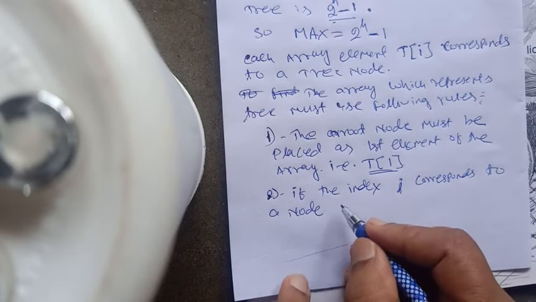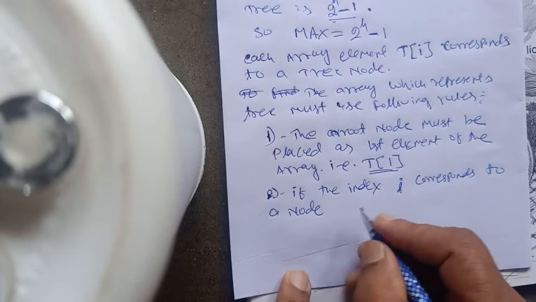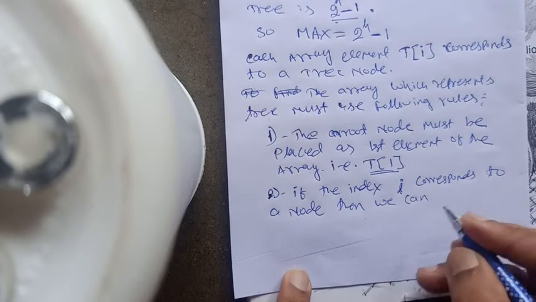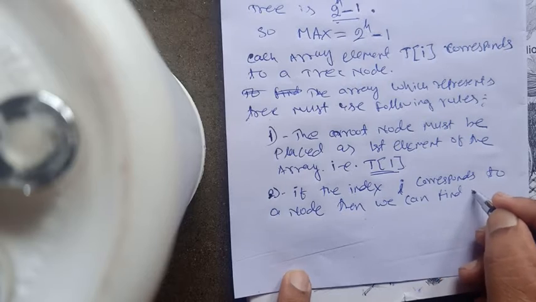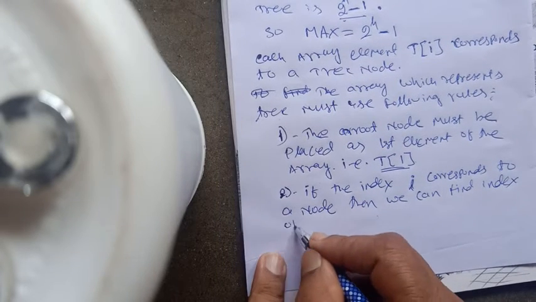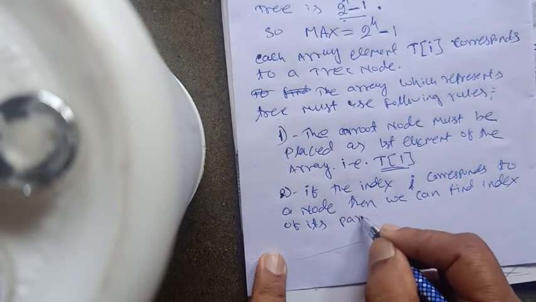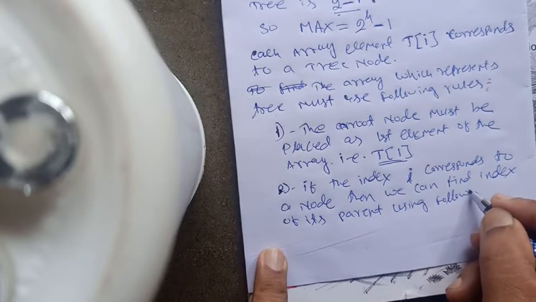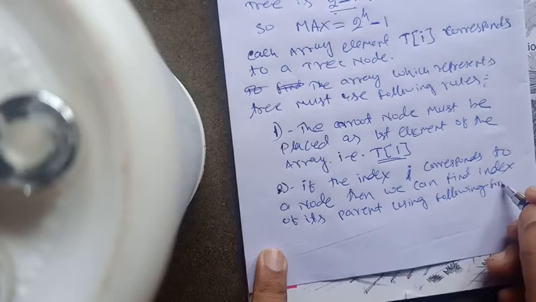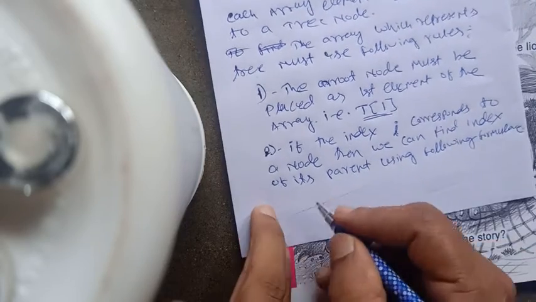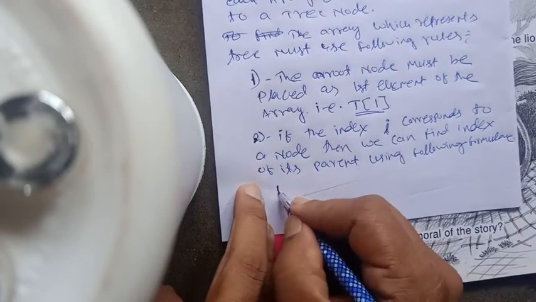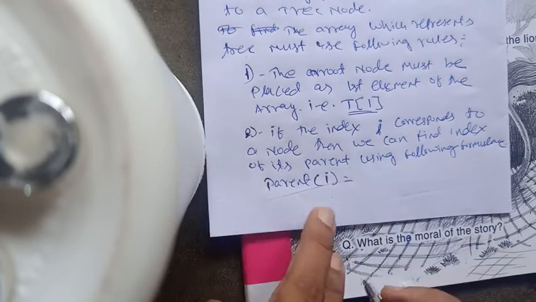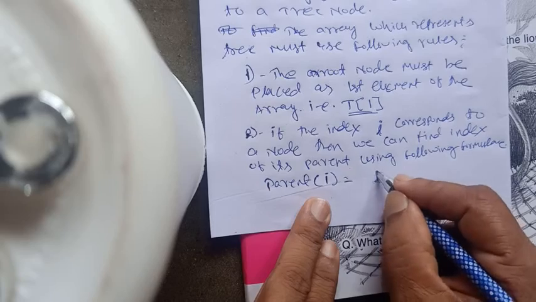So if I is an index that corresponds to a node, then we can find the index of its parent using the following formula. What is the formula? Suppose I is a node, then parent of I is equal to int of I by 2.